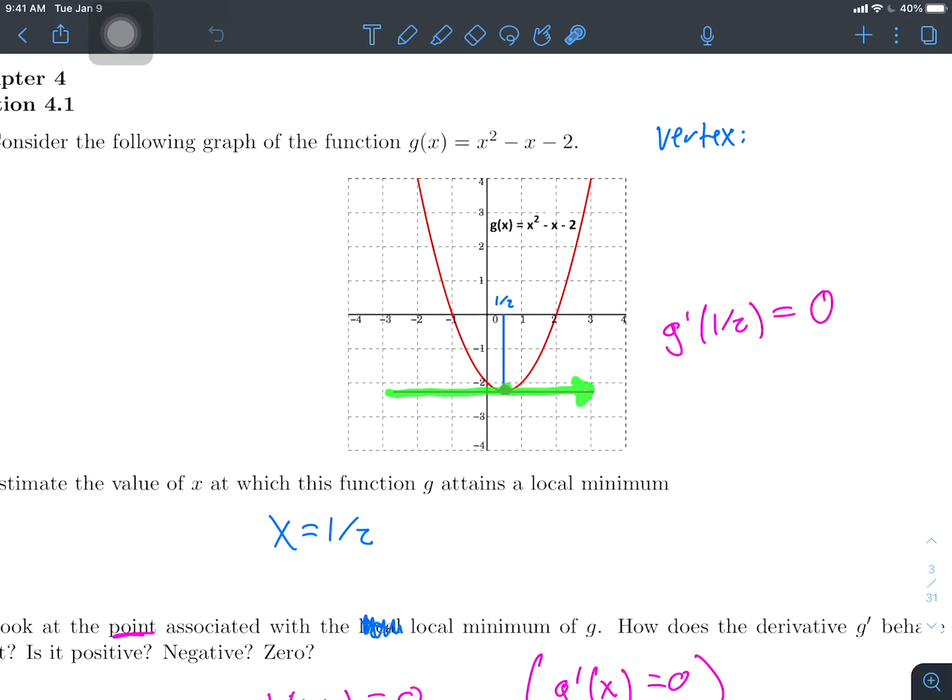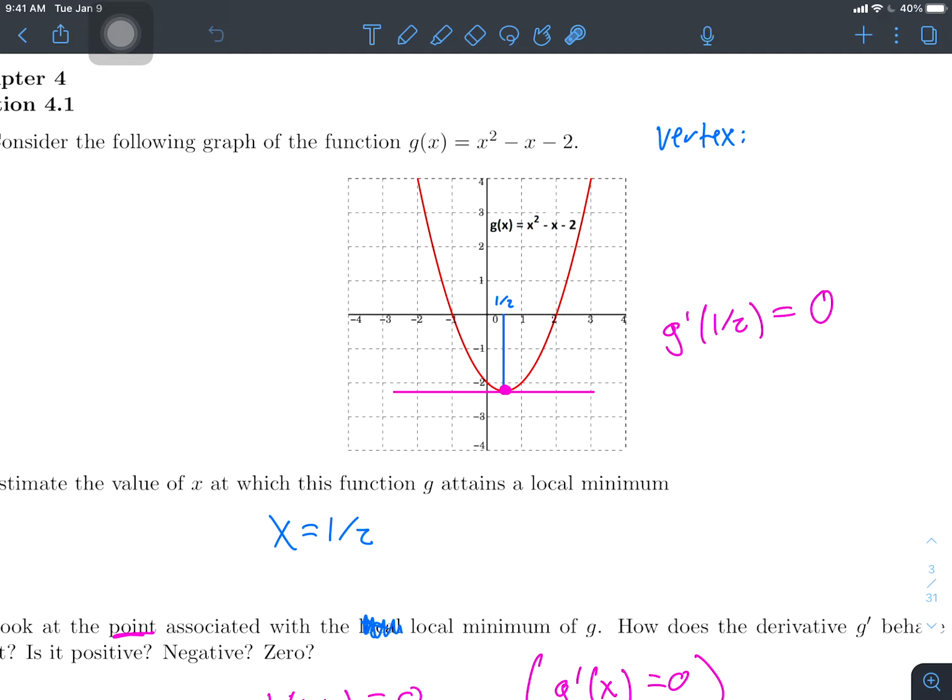Since the slope of any horizontal line is 0, we expect the slope of the tangent line to be 0. And since the slope of the tangent line is perfectly described by the derivative, we just have to check the places where the derivative is 0, and those might be a spot where we see a local minimum.